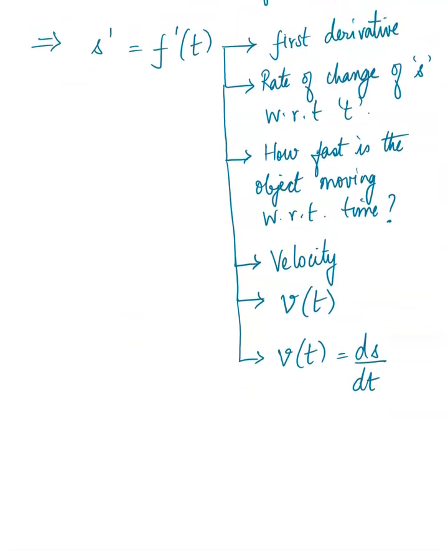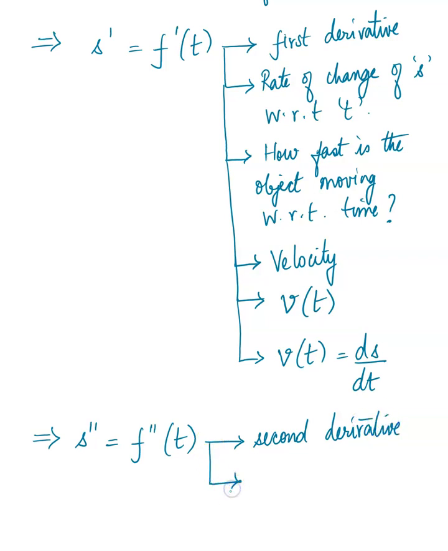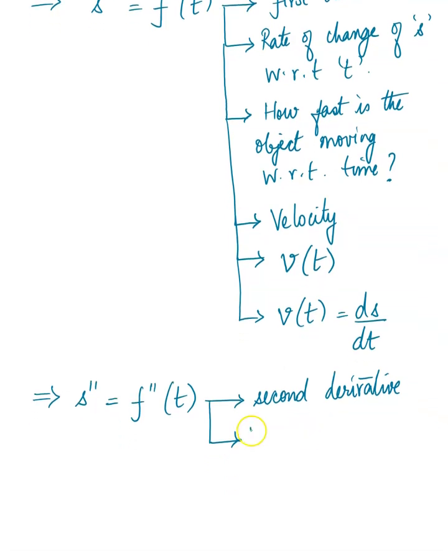All right, how does it behave if I went for the second derivative? S double prime, which will be f double prime of t. That will be the second derivative. And we know that we are taking the derivative of velocity, because the first derivative was velocity.